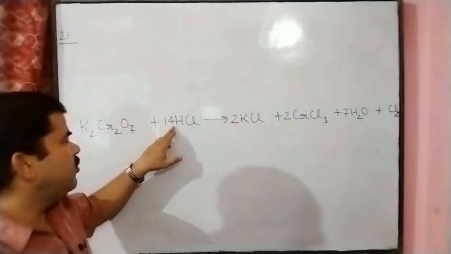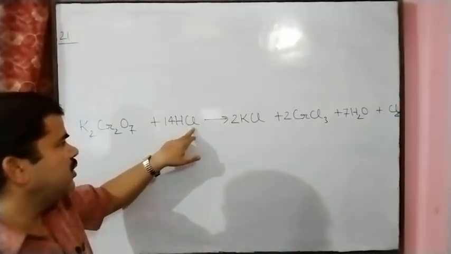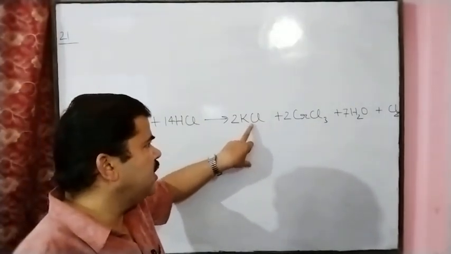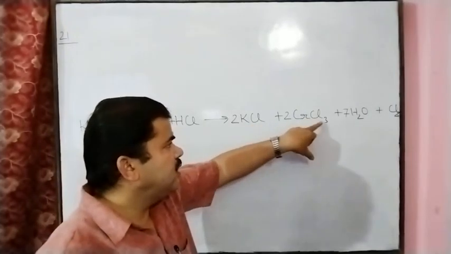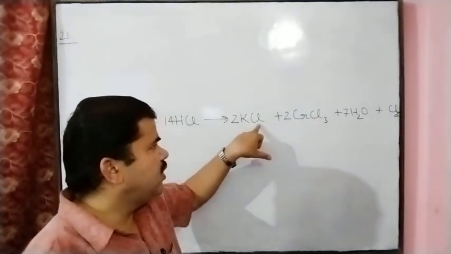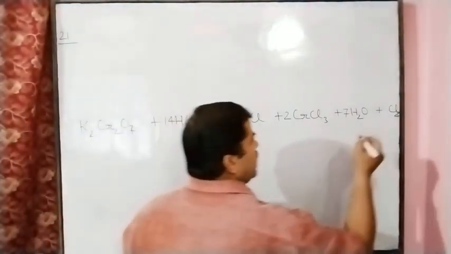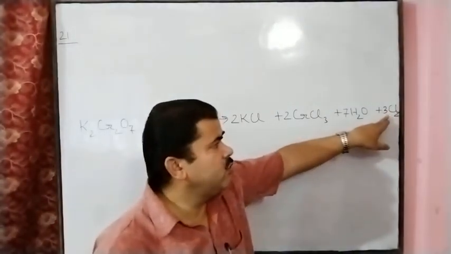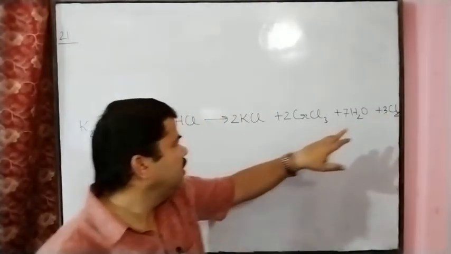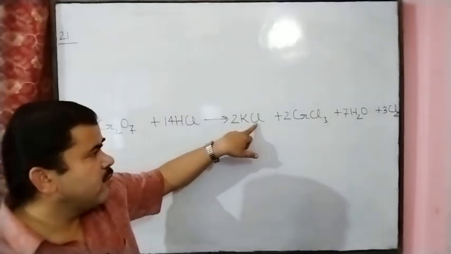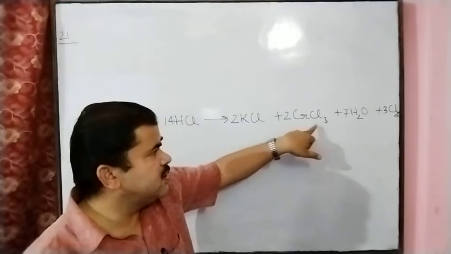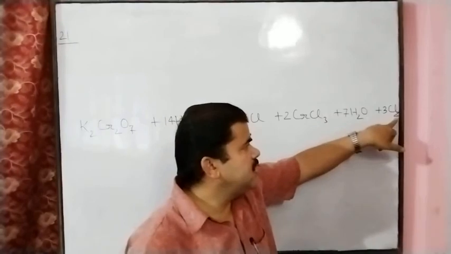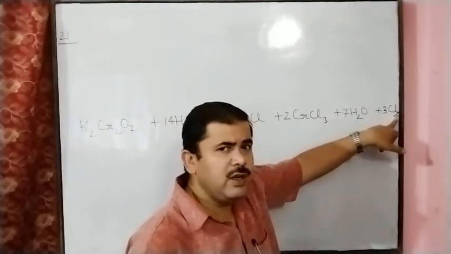So we can see 14 chlorine on the reactant side, and on the product side the number of chlorine atoms is 2 here and 3 times 2 is 6, total 8 chlorine. If we write 3 in front of the chlorine gas, the chlorine molecule, then you can see here 2 chlorine and here 3 times 2 is 6, so total 8 chlorine, and then 6 here, so total 14 chlorine.